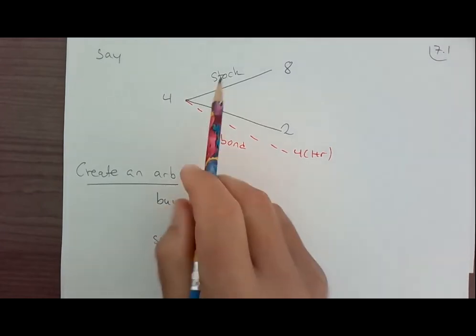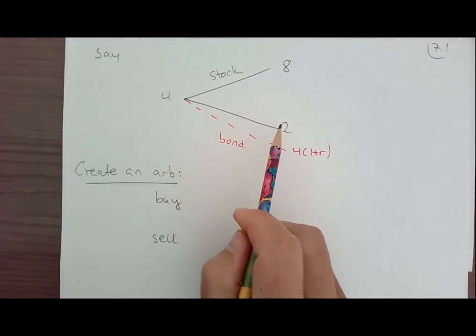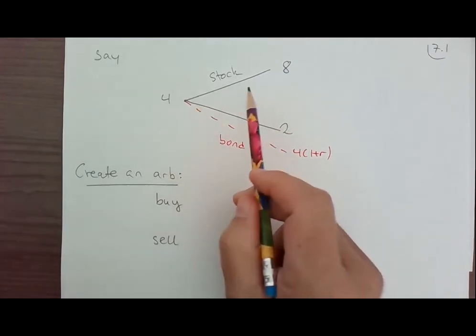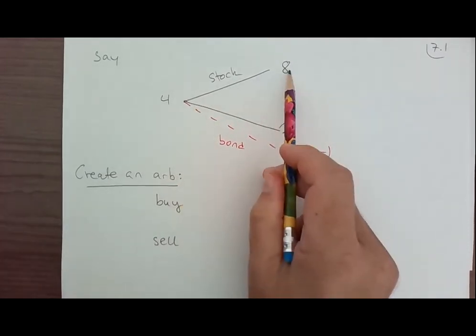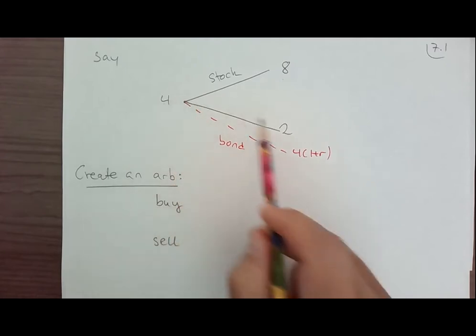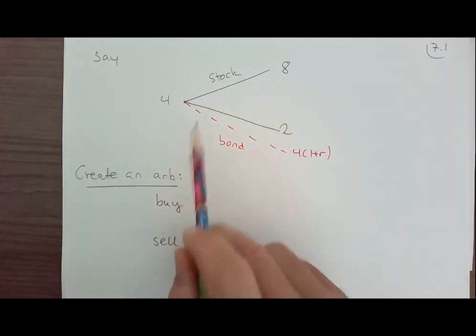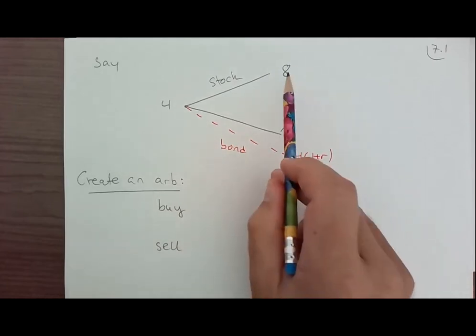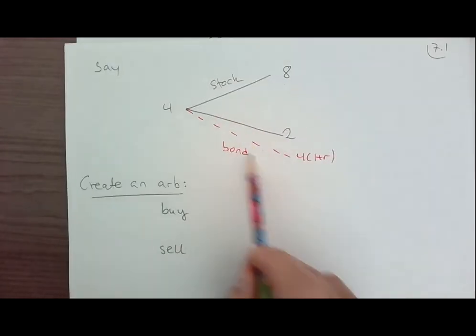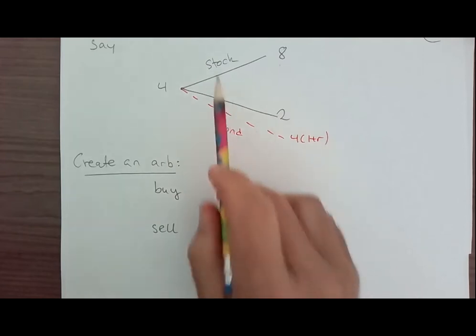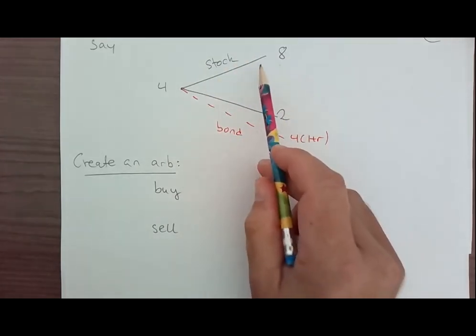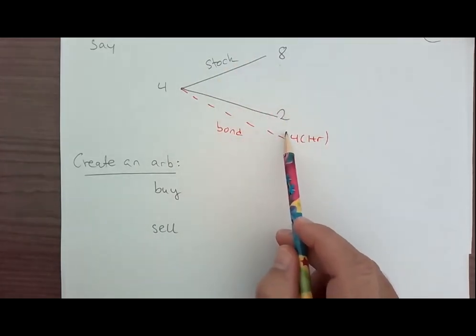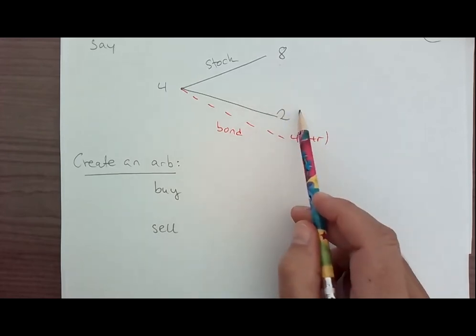So again, we have the stock. Those are the solid pencil lines. The stock has 2 possibilities. The stock can go up to 8 from 4, or it can go down to 2. So you can buy the stock at 2. Right, that's the stock. The stock is the solid one, and the red one is the bond. Right, so you can see in this example the stock outperforms the bond every time.